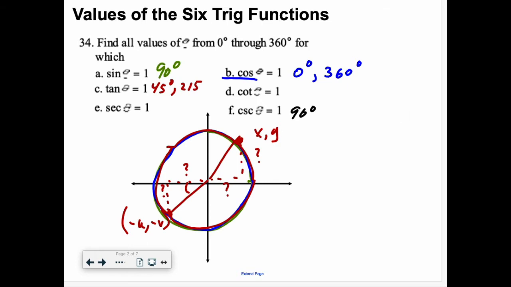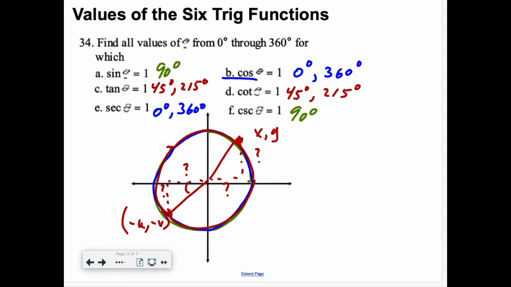Let me do that in green just so it really shows up and shows the connection. And then we have cosine is 1 at 0 and 360, so secant is also 1 at 0 degrees and 360 degrees. And tangent is 1 at 45 and 215 degrees. So cotangent is equal to 1 at 45 and 215 degrees. And we're done. We found it.